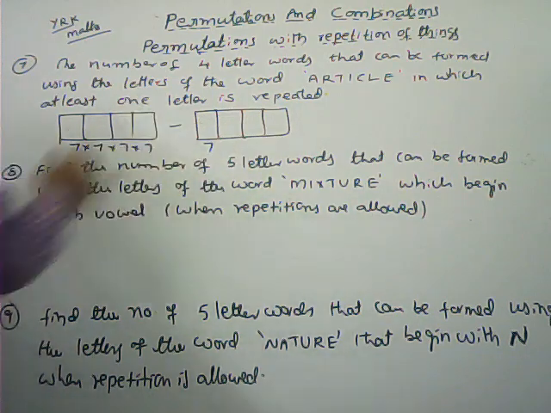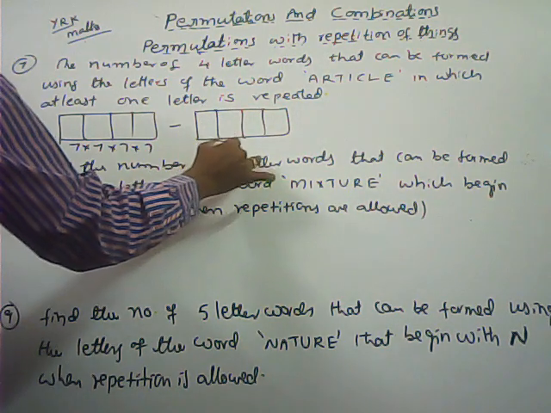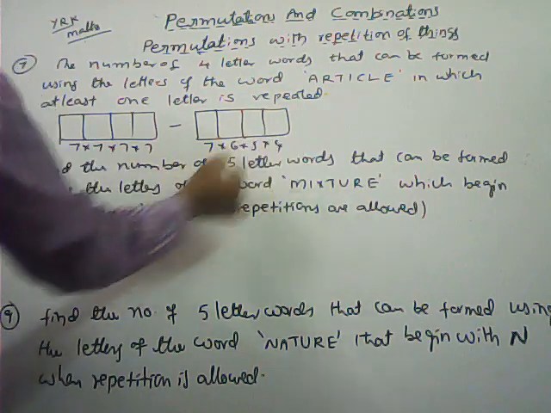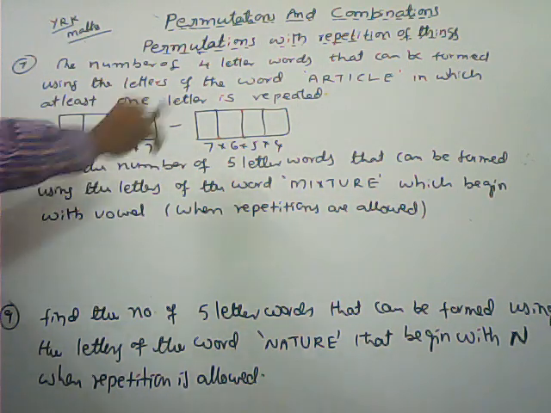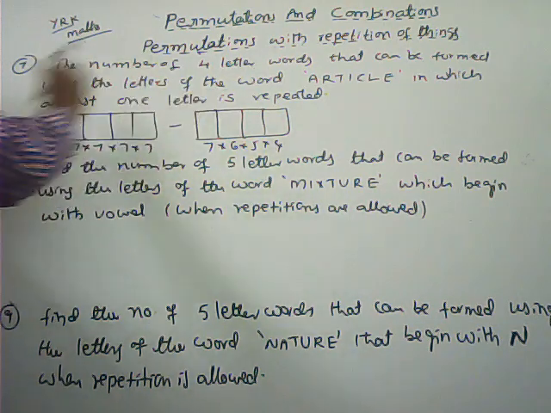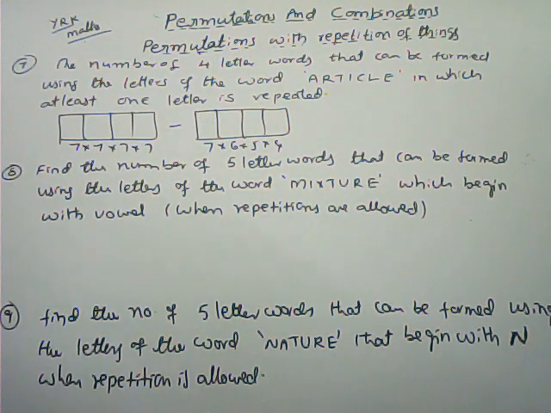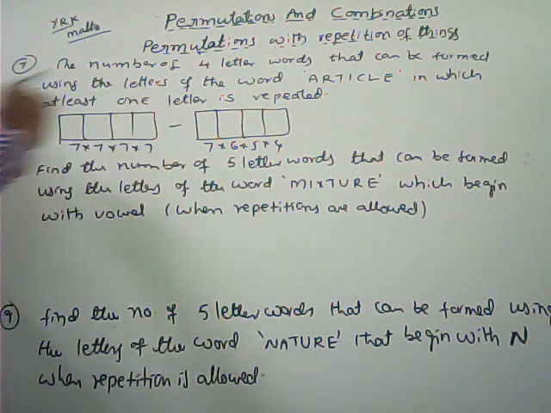Here if I fill with the 7 ways, here 6, here 5, here 4. With a repetition, without a repetition. If I subtract without a repetition, then at least one letter is repeated. So 7 power 4 minus that one, you can calculate the value.